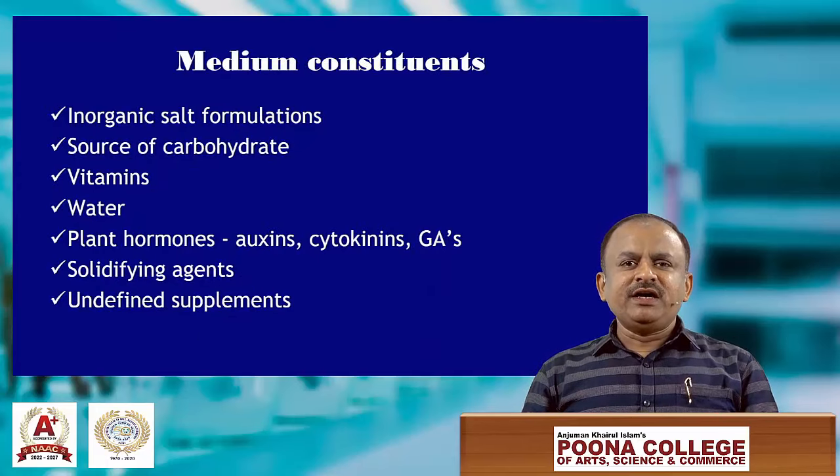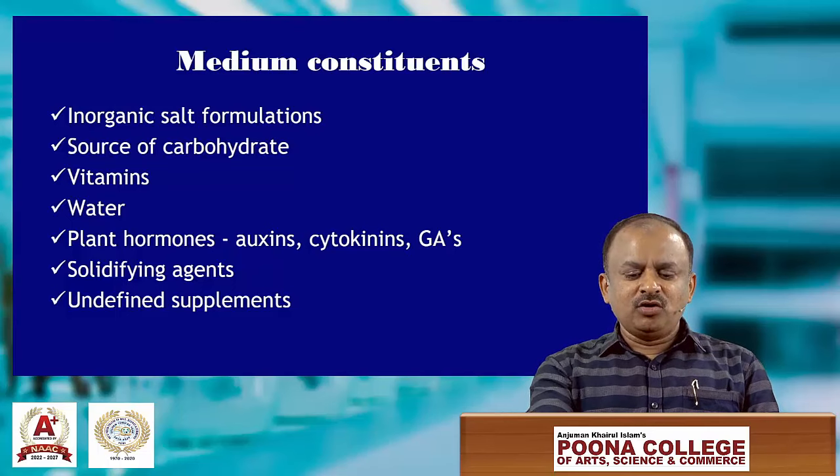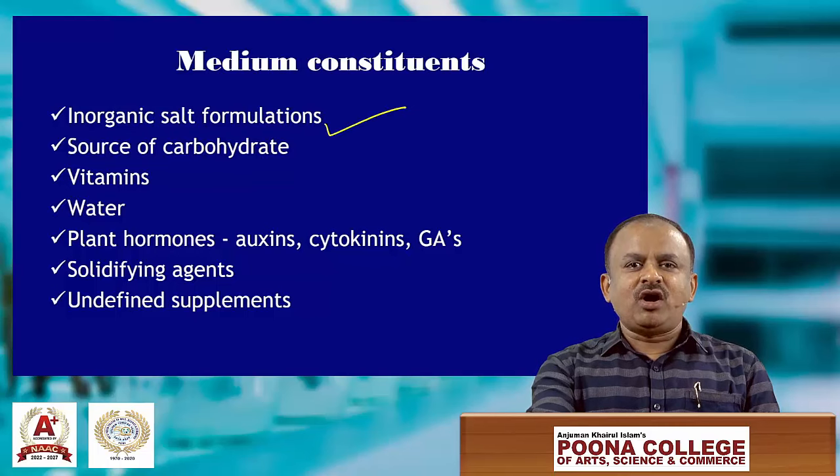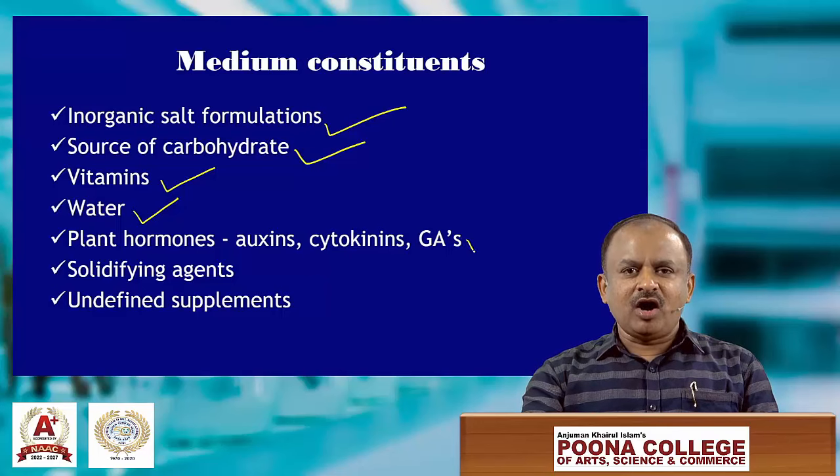What different medium constituents are required for the preparation of medium? In the medium we have to add inorganic salts, sources of carbohydrates, vitamins, and water, and we have to consider plant hormones.